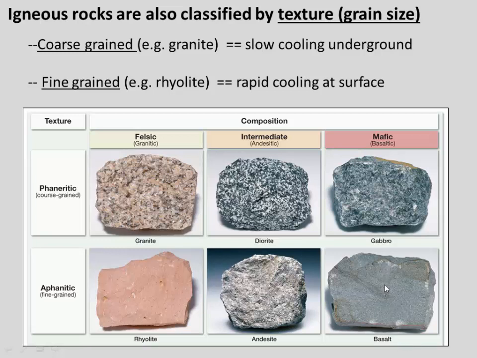So these have the exact same composition. It's just that this basalt cooled quickly, and so the minerals weren't able to grow to a large size, whereas the gabbro cooled slowly, giving time for those mineral crystal structures to assemble themselves. And the result is a coarse-grained gabbro versus a fine-grained basalt.